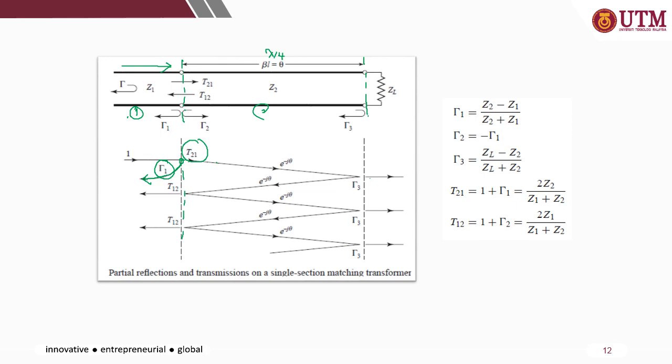This is the transmittance from point 1 to point 2. The signal travels along the lambda over 4 element, and then there's another intersection, so there's another reflection at this intersection, given by reflection coefficient 3. This is the third point, and some of it will be transmitted from 2 to 3.